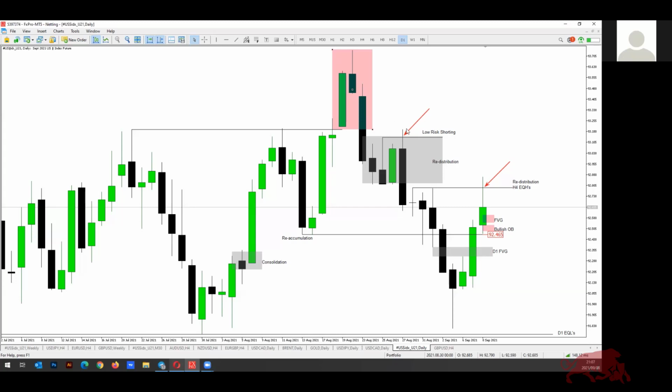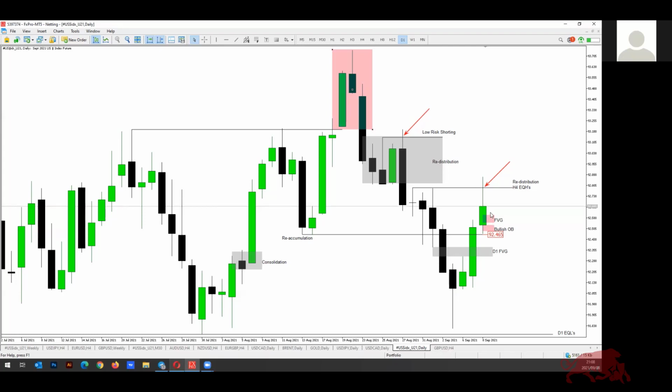Now, redistribution. Price taking out an old high, trade lower. Same applies here. These two equal old highs taken out, short position liquidity, engineering short liquidity.